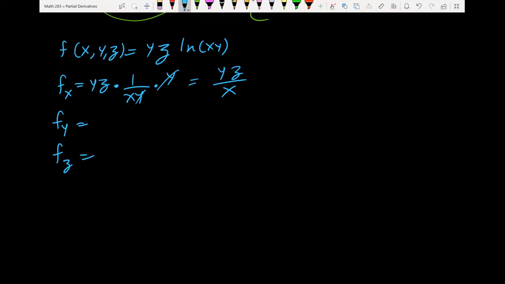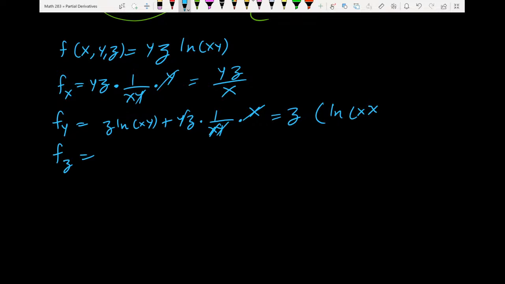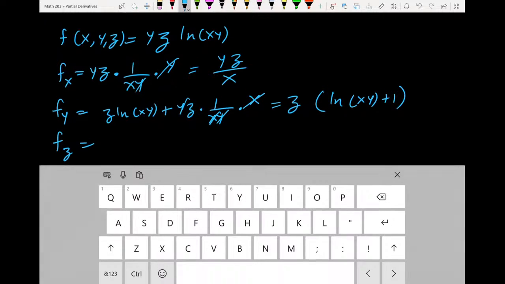What about the second one? Z natural log of xy plus YZ times 1 over xy times x, right? What about f sub z?